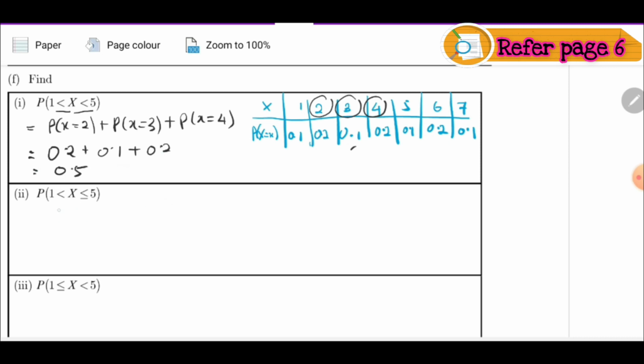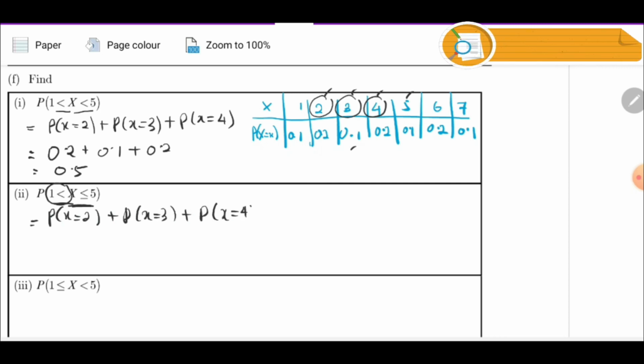Question number 2. Find the probability when x is less than or equal to 5 but greater than 1. Here 1 is not included, so we start from 2, 3, 4 until 5. So P(x=2) plus P(x=3) plus P(x=4) until P(x=5).